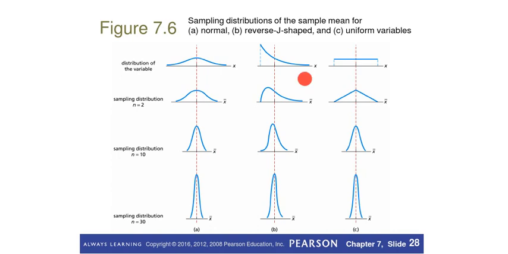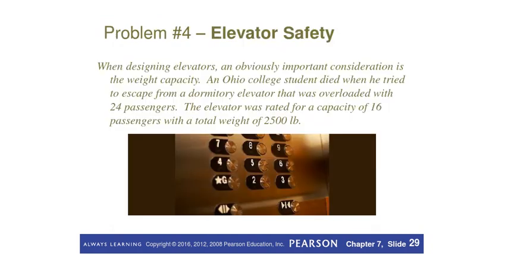If we had a reverse J-shaped distribution, increasing the sample size increases that probability of being a fairly normal curve, even for a uniform distribution, right? This is what happens. It always goes to that same normal distribution. That's really interesting, and that's really useful to us.